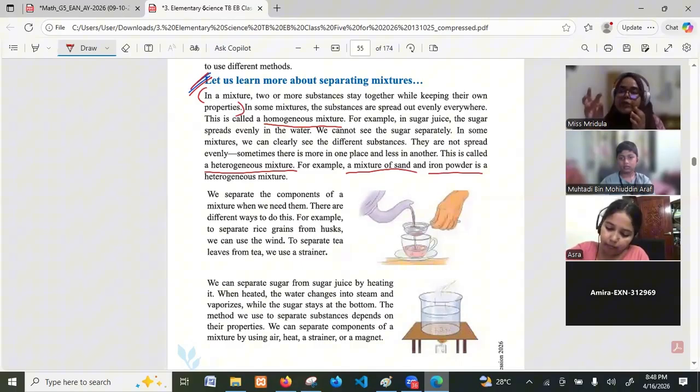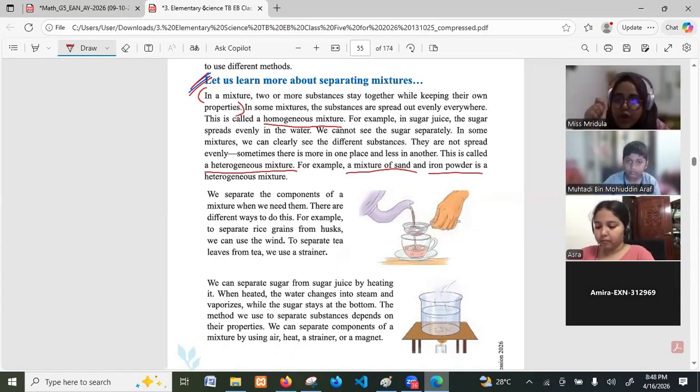You can see that in some places the sand is a bit more and in some places maybe the iron is a bit more, right? You cannot mix them evenly because the units are very small, that even if you try to spread them in a homogeneous way, you cannot do that. Okay, so we cannot evenly spread that out because they are not flowing.